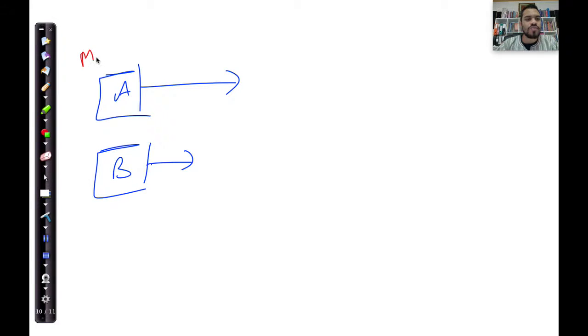This one's mass is 10 kilograms and this one's mass is also 10 kilograms. But the velocity here is going to be 20 meters per second, and the velocity over here is going to be 5 meters per second.